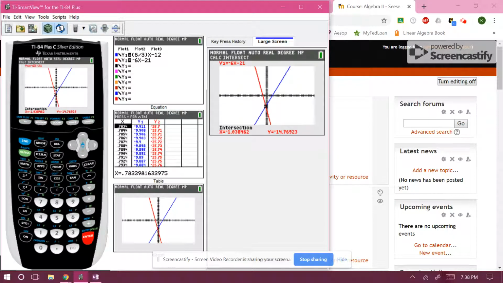You can see that my actual intersection here is at negative 1.03846, negative 14.76923. That is not something you'd be able to look at a graph by hand and see very easily. So that's why your calculator is a huge help here.